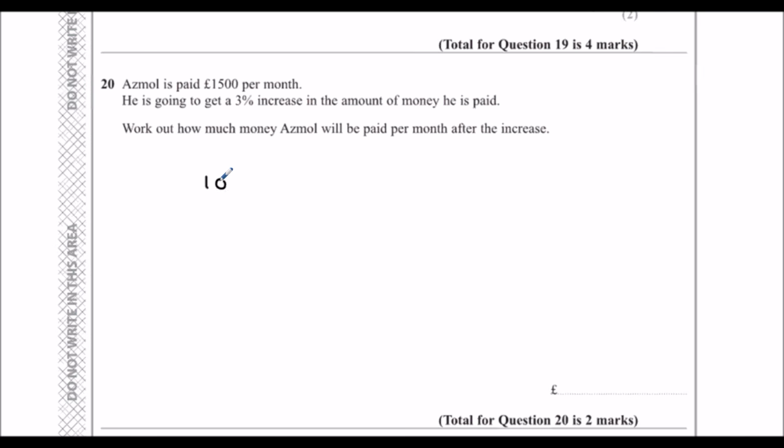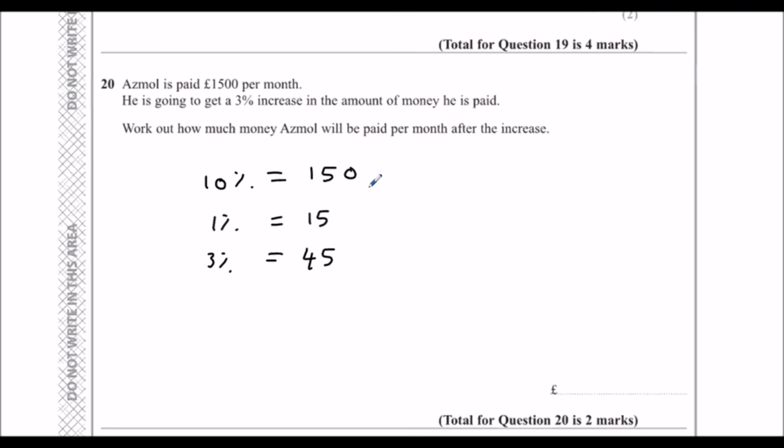So if I say 10% is 150, 1% will be 15. Because to find 10%, we divide by 10. And to go from 10% to 1%, we divide by 10 again. So 1% is £15. So 3% is 3 lots of 1%, which is £45.